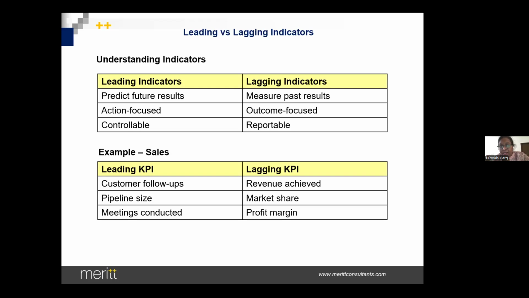Is this clear? Leading indicators and lagging indicators for sales: customer follow-ups will lead to revenue. If you keep following up with 10 customers, it will lead to revenue. What is the pipeline size? What does it mean? I can relate it to your recruitment.